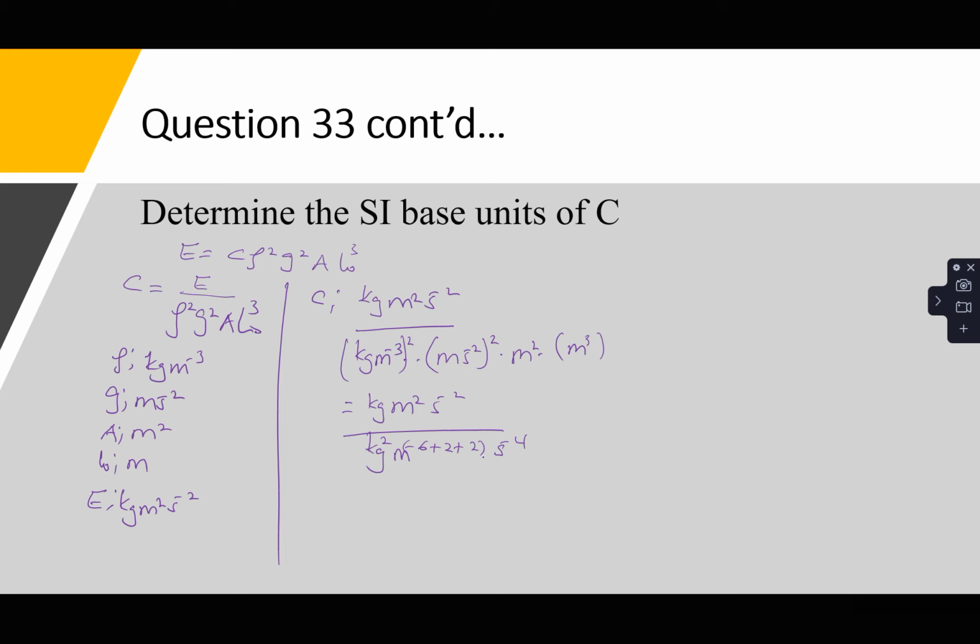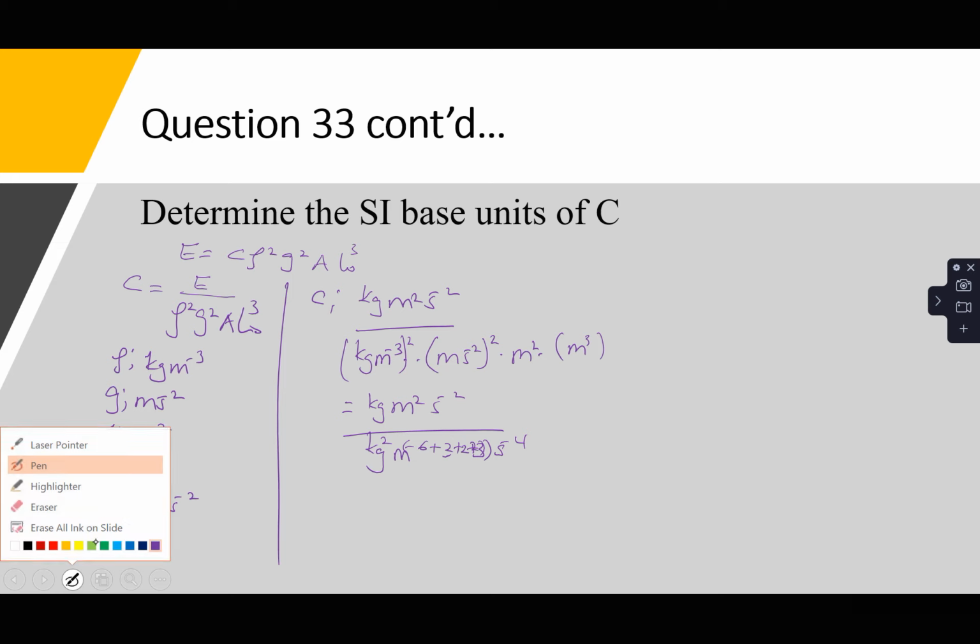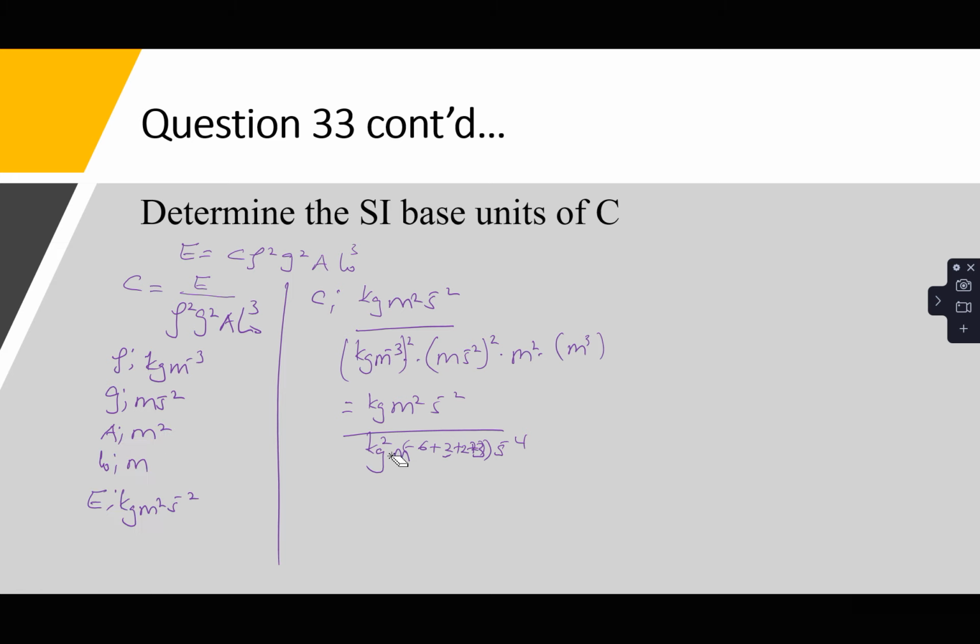When we simplify, haven't I forgotten one m? There is another m power 3 here, which makes this plus 2 plus 3. Let me rub that so that I rewrite it very well.